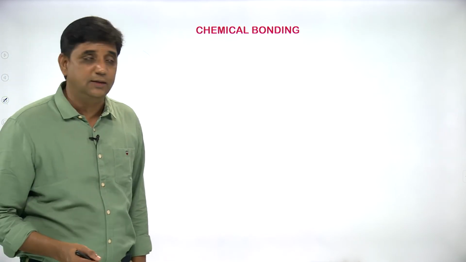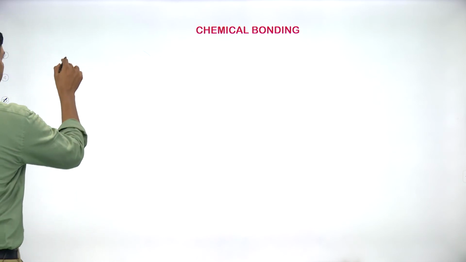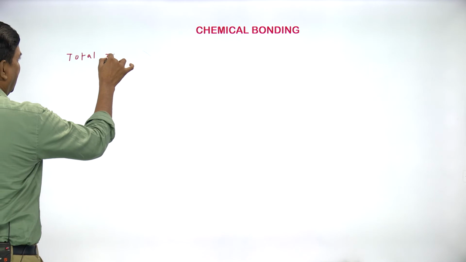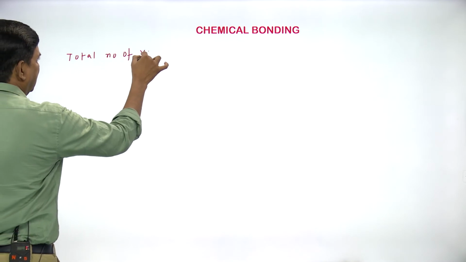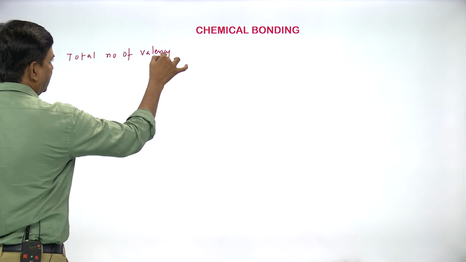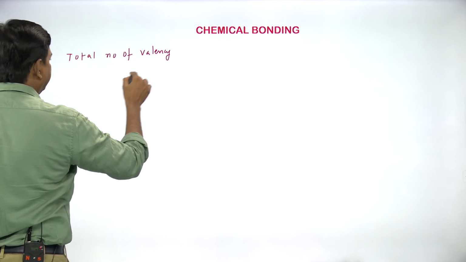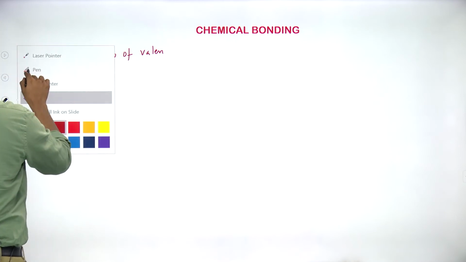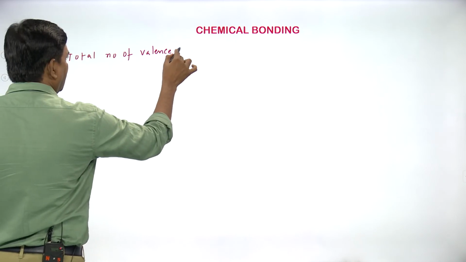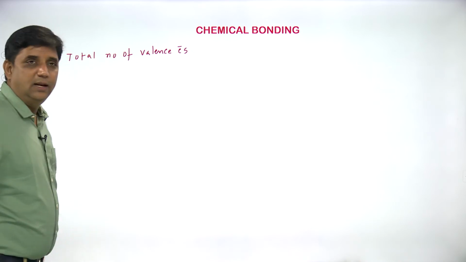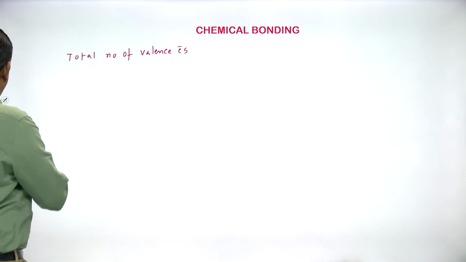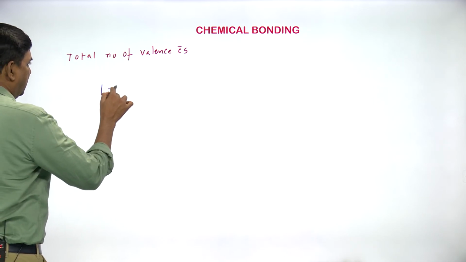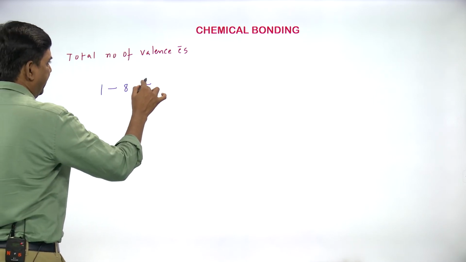What I am going to explain is, in this case you have to calculate the total number of valence electrons in a molecule. If the total number of valence electrons is 1 to 8, it should be divided by 2.